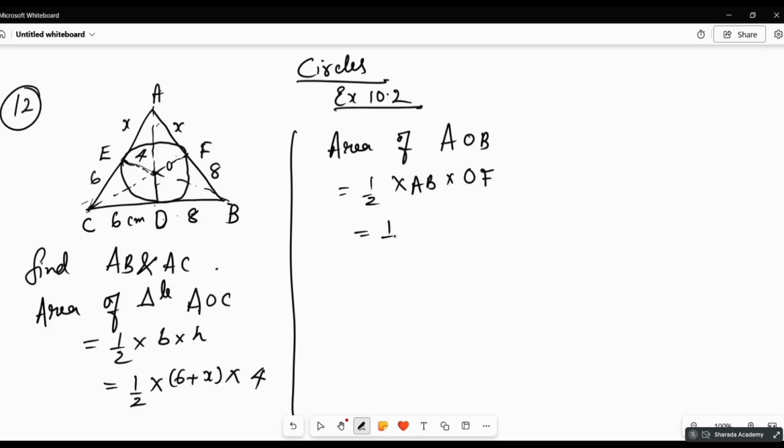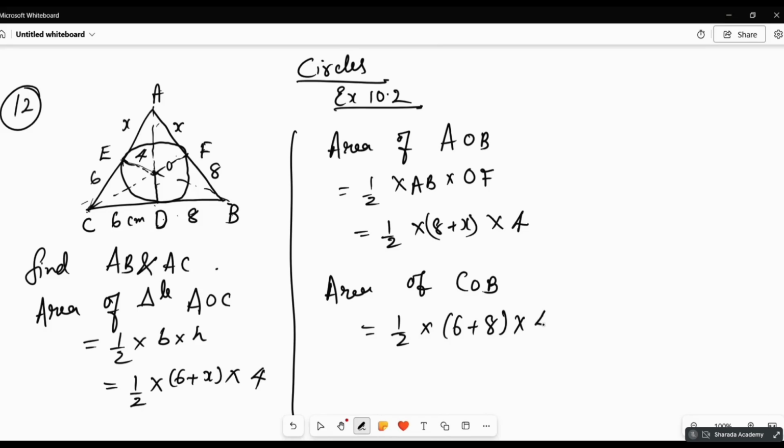So half into 8 plus x, into 4 is the altitude. Similarly, area of triangle COB: half into base is CD, that is 6 plus 8, into 4 will be the height. So half into 4 into 6 plus 8, 14 you will get here.